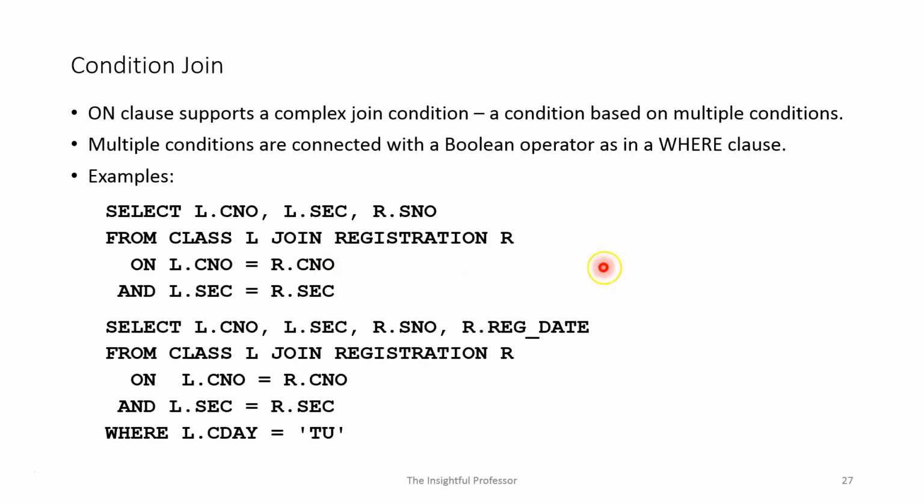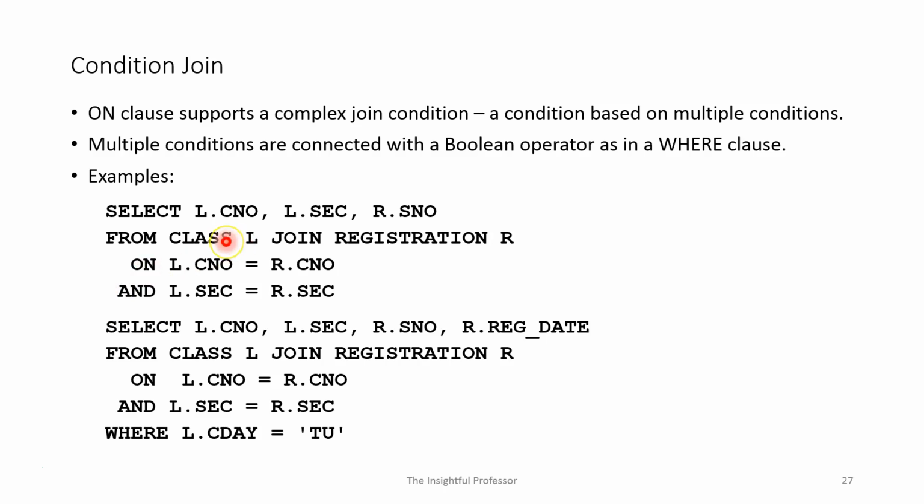We can take it a step further here and say, well, suppose I'm going to join class and registration. Some of you may have been thinking about this already, that we have a composite primary key, a composite foreign key. Well, the on clause will accommodate you here by allowing you to express multiple conditions and using a Boolean connector such as AND.